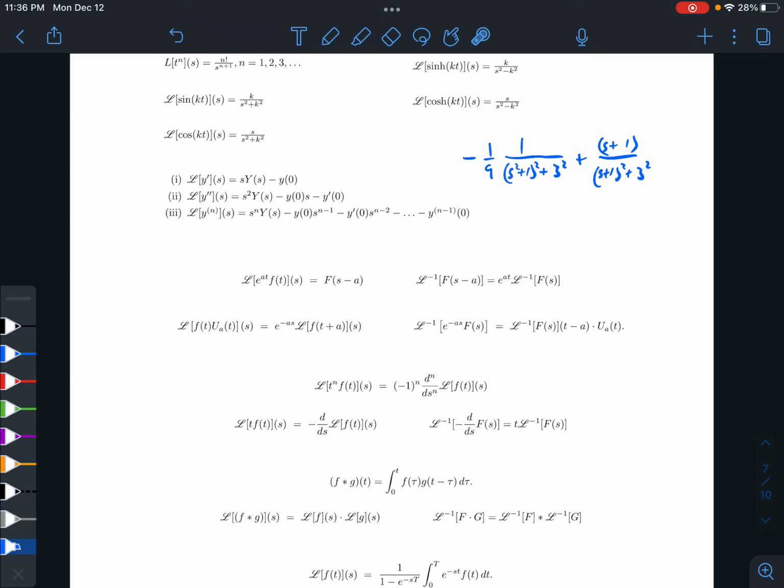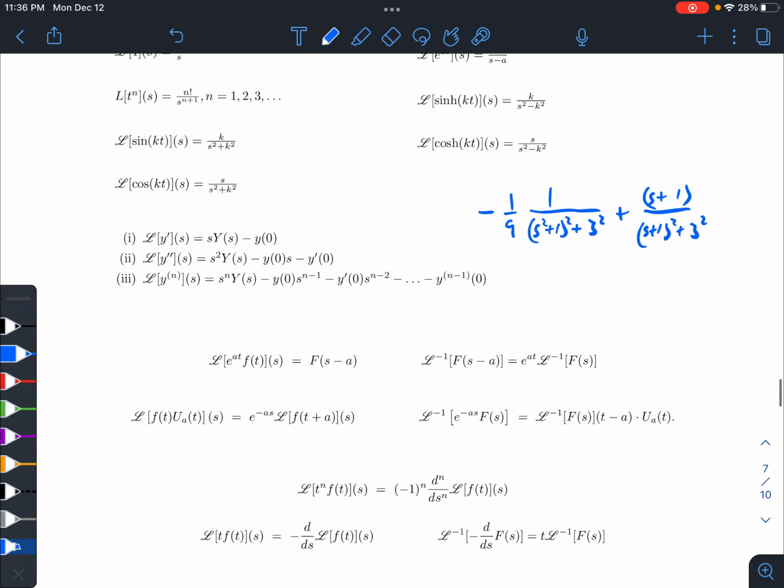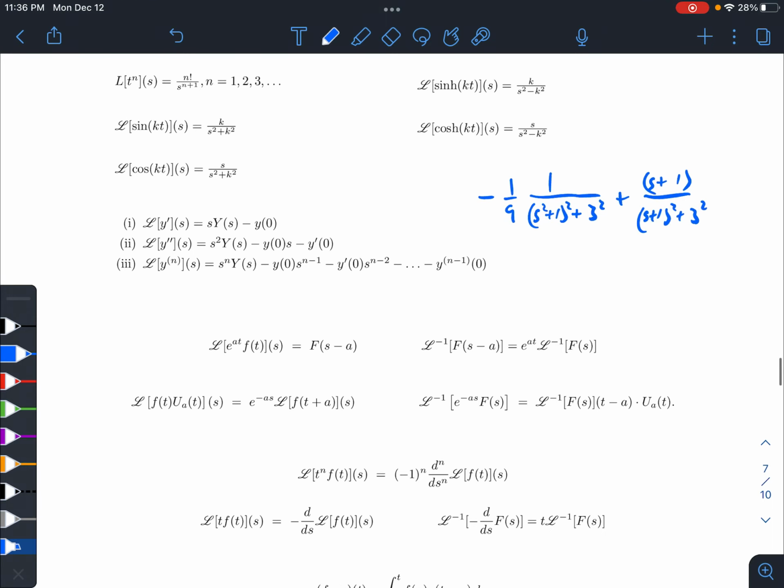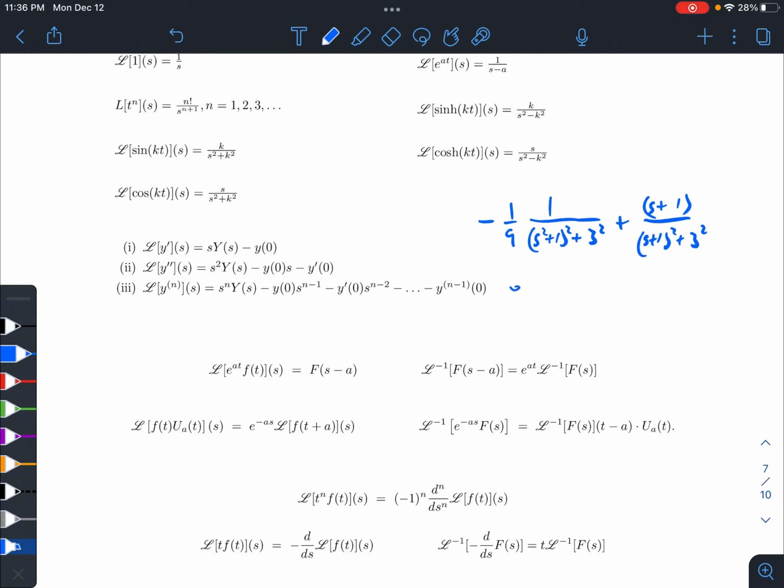Okay, L inverse of, so we have a translation thing for both of them, really. So L inverse of this thing is e to the negative t times, let's keep the 1/9 there, times L inverse of 1 over s squared plus 3 squared.